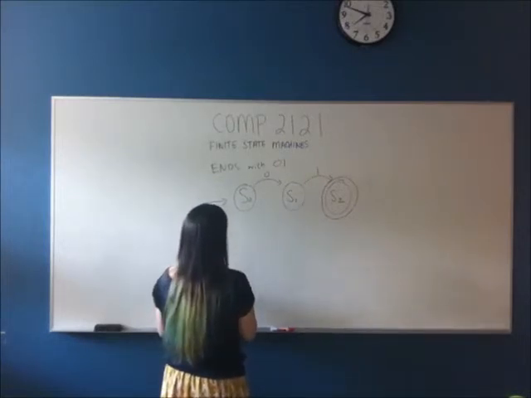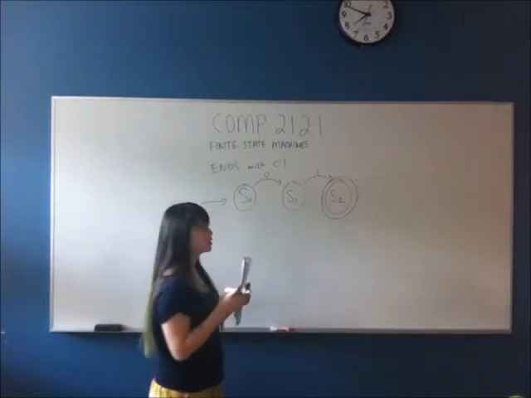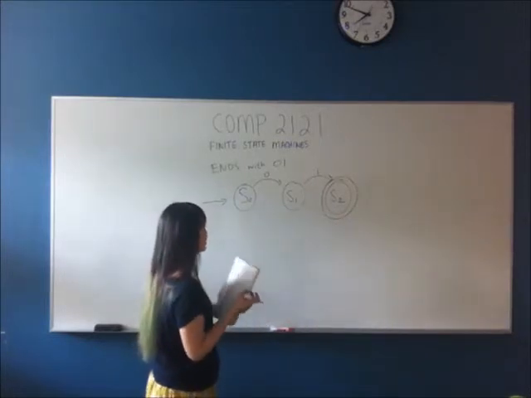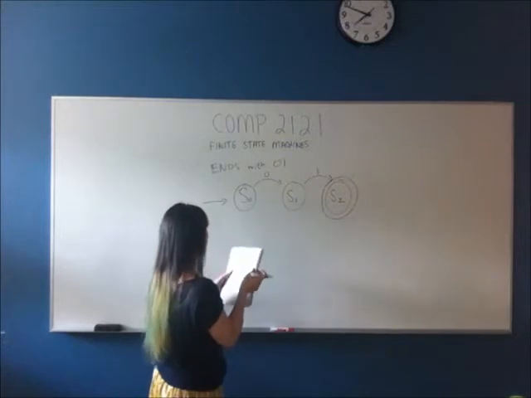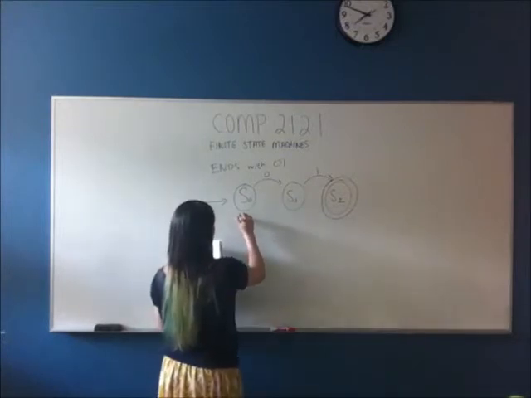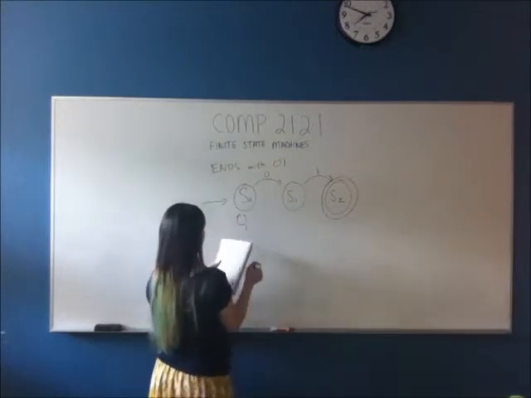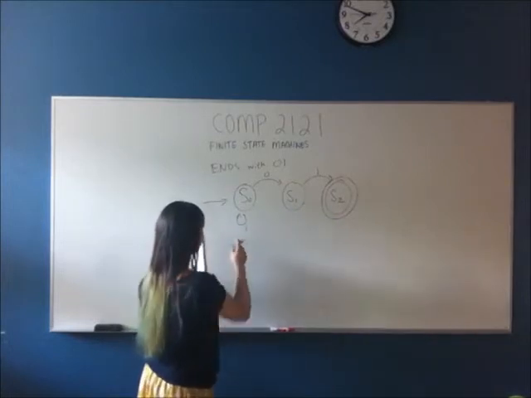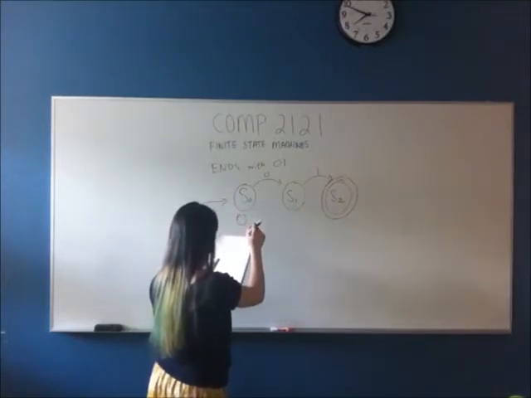Okay. So it has to end with 0, 1, so it does not matter what it starts with. So if you have a 1, it can keep looping as a 1 until it hits a 0 and then moves on to the next one.